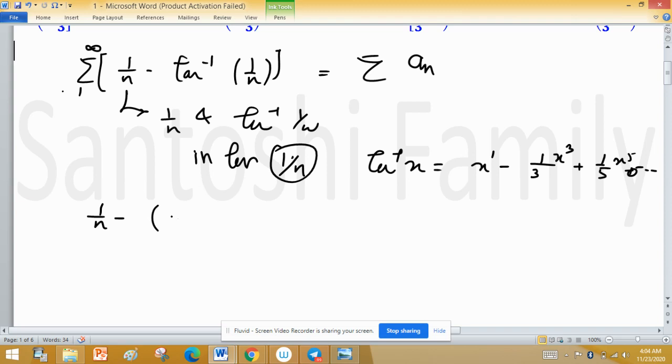So with 1 upon n playing the role of x, it will be 1 upon n minus 1 upon 3 n cube plus 1 upon 5 n raised to the power 5 minus 1 upon 7 n raised to the power 7 and so on.